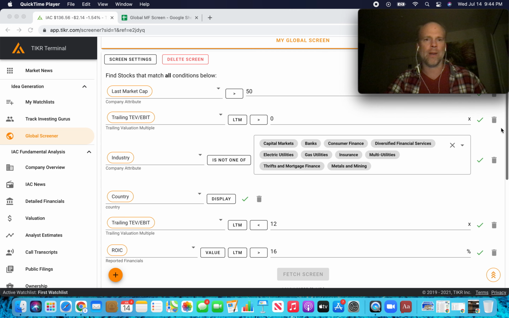Now the next one, this is one of two aspects of the magic formula. One is earnings yield, which is really a measure of how cheap a business is. The second one is return on invested capital, which is Greenblatt's measure of how good a business is. So this first one, we're looking at how cheap the business is. We're going to use trailing total enterprise value, TEV, divided by EBIT, earnings before interest and taxes.